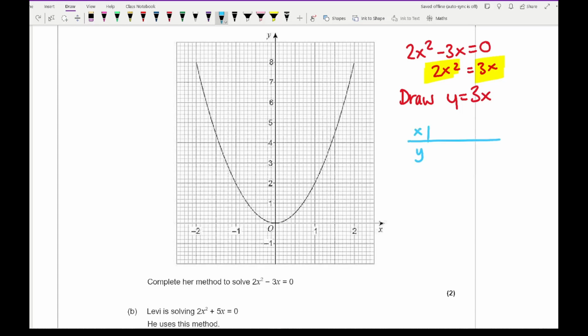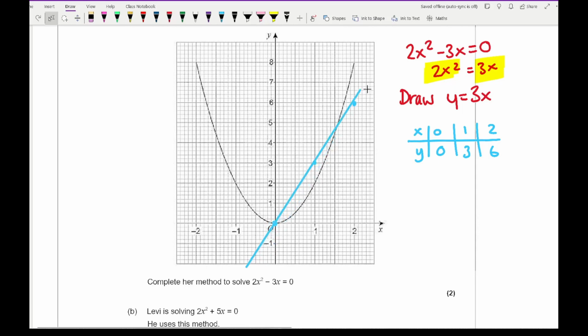It's going to be a straight line, 0, 1, 2. 3 times 0 is 0, 1 times 3 is 3, 2 times 3 is 6. So my coordinates of that straight line are going to be going through those points there. And again, if I draw my line through those, this is going to be really difficult, well, not that difficult, but time consuming to go through each of those points.